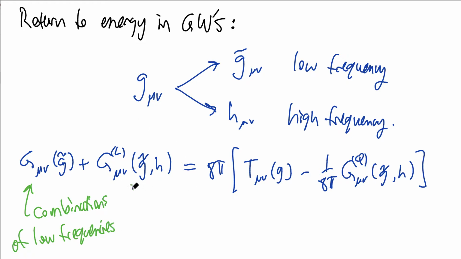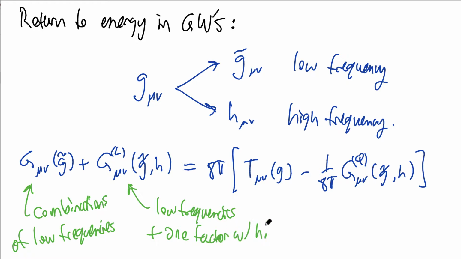Now this term GL is built from the background metric, and each term is linear in H. So it's built from low frequencies contained in G tilde plus a linear factor of high frequency. So one factor in each term with high frequency.